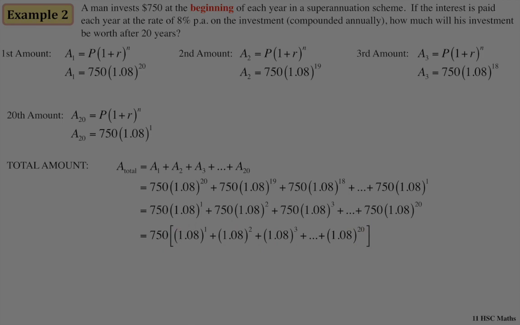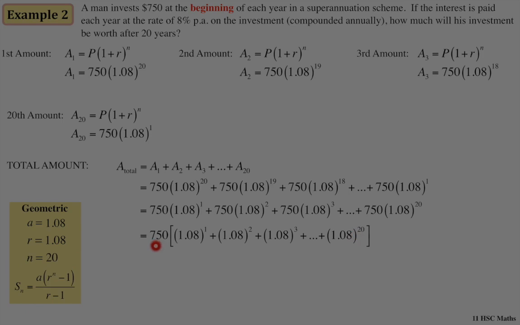Now that geometric pattern has a value of A of 1.08 to the power of 1, which is just 1.08. Every term is being multiplied by 1.08, so that's my value of R. We're going from 1 to 20, so N is 20. There's 20 terms there. Just a refresher, that's our formula.